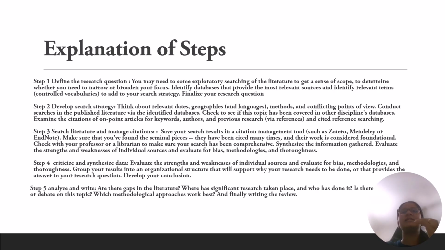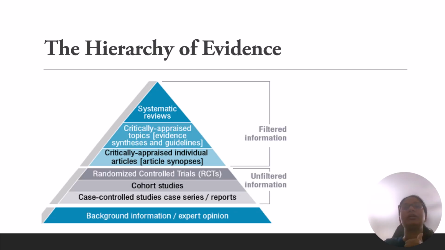An explanation of exactly what I have told you is being explained in this slide, where I have explained how you have to define your research question, how you have to develop your search strategy, how you have to search, critically analyze and synthesize, and finally write up with your methodological quality. Now, what is hierarchy? You might have heard of hierarchy of evidence.